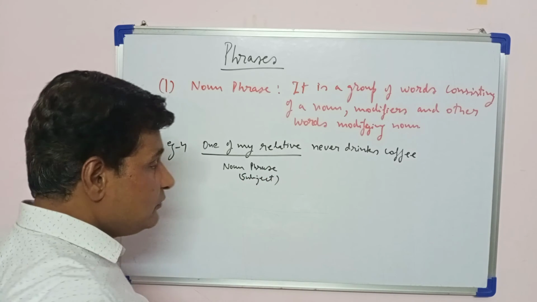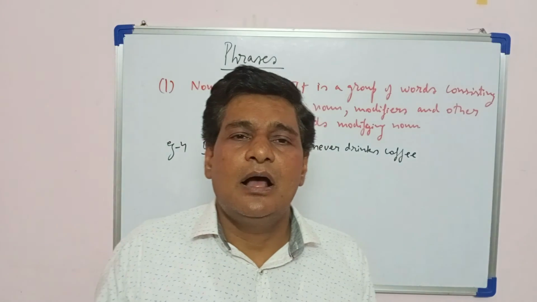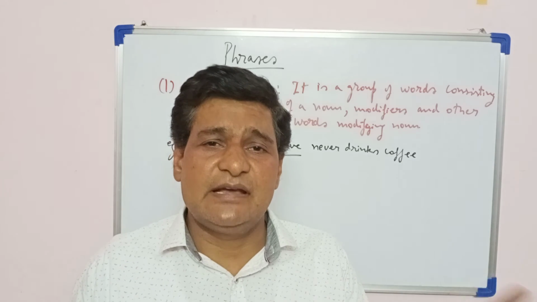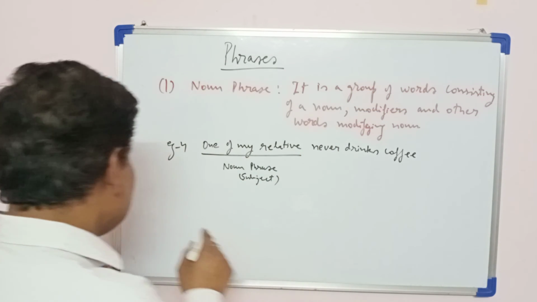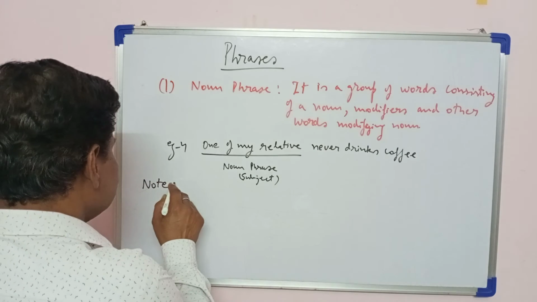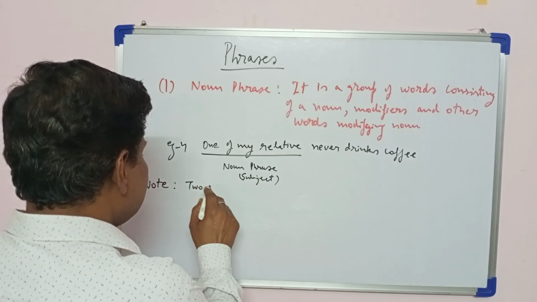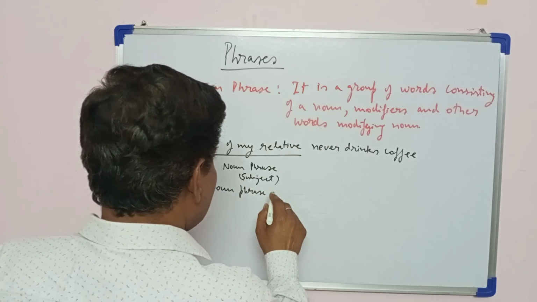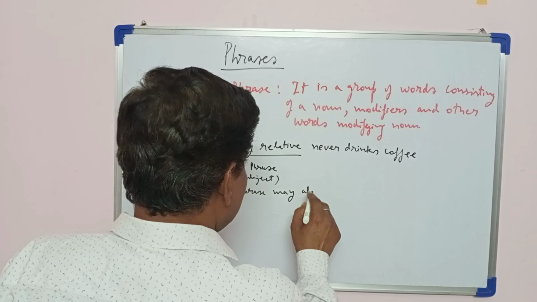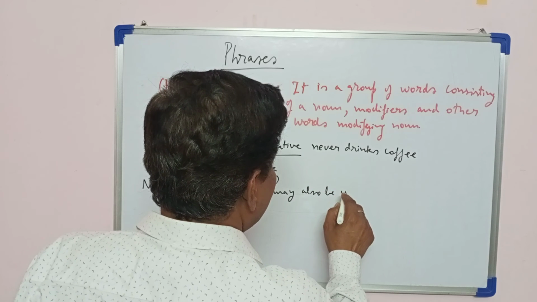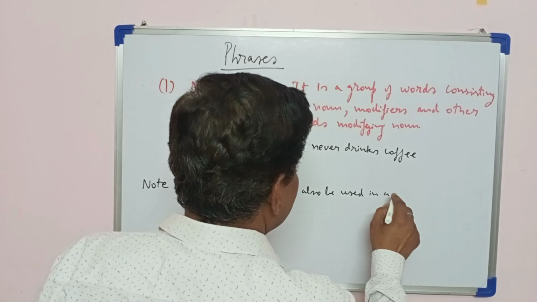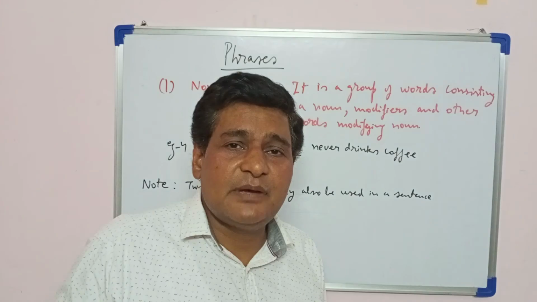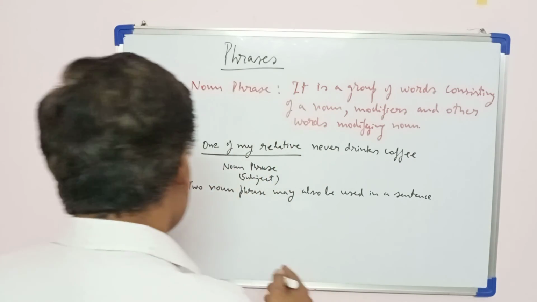Now we will understand one example, and in this example we will see how two noun phrases are used in a single sentence. So there is a note. Two noun phrases may also be used in a sentence.